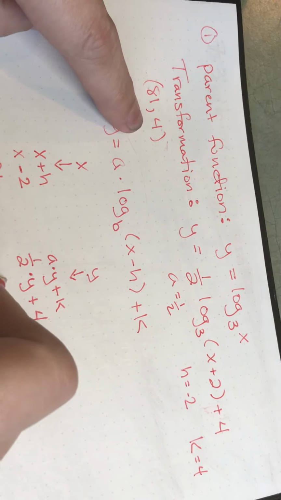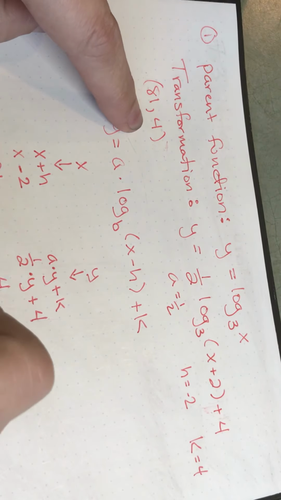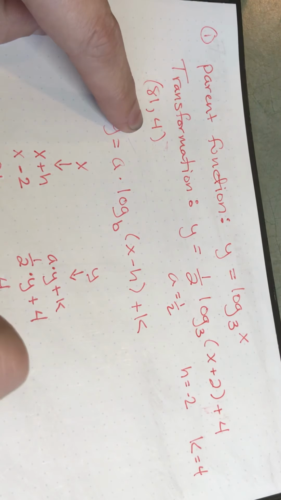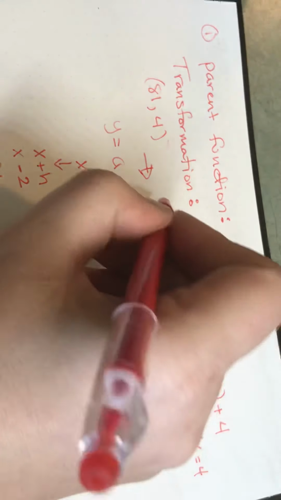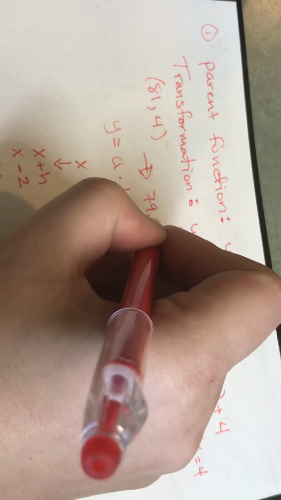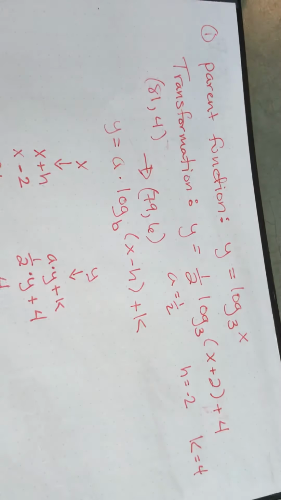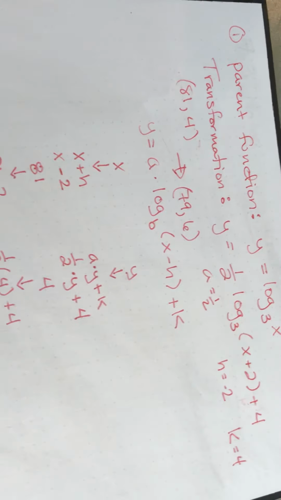And 4 was my original y value, so now I'm going to do the transformation 1/2 times 4 plus 4. 1/2 times 4 is 2, plus 4 is 6. So my new point is at (79, 6).